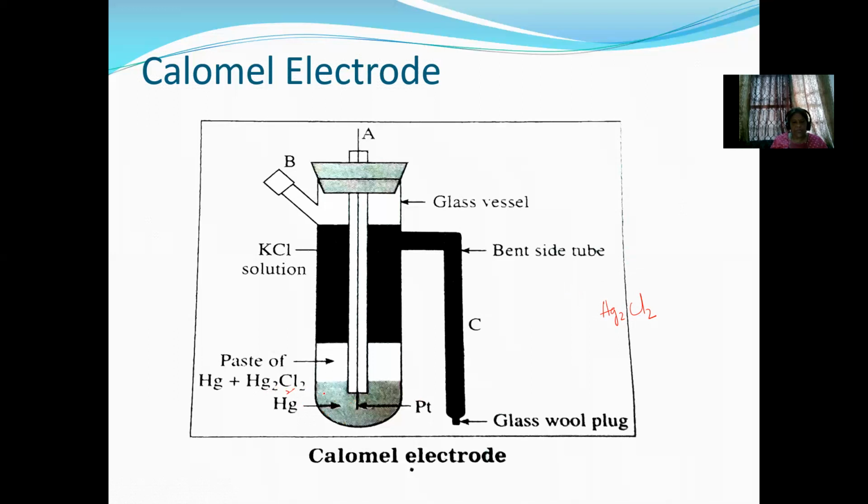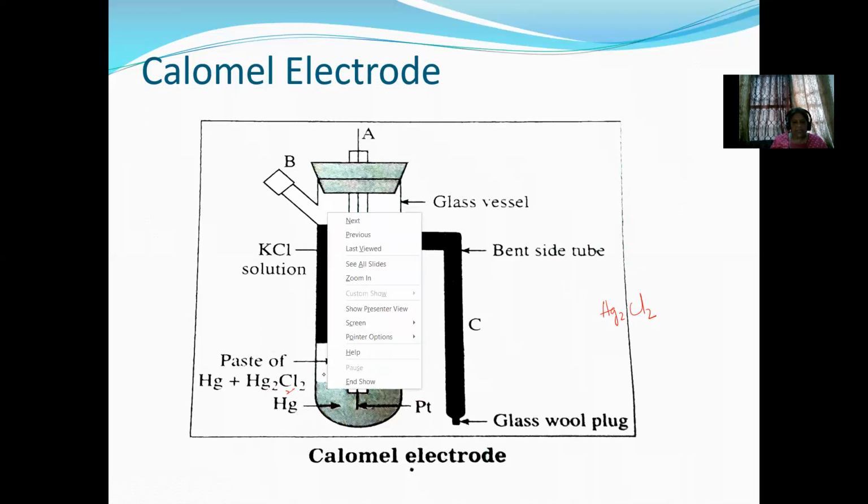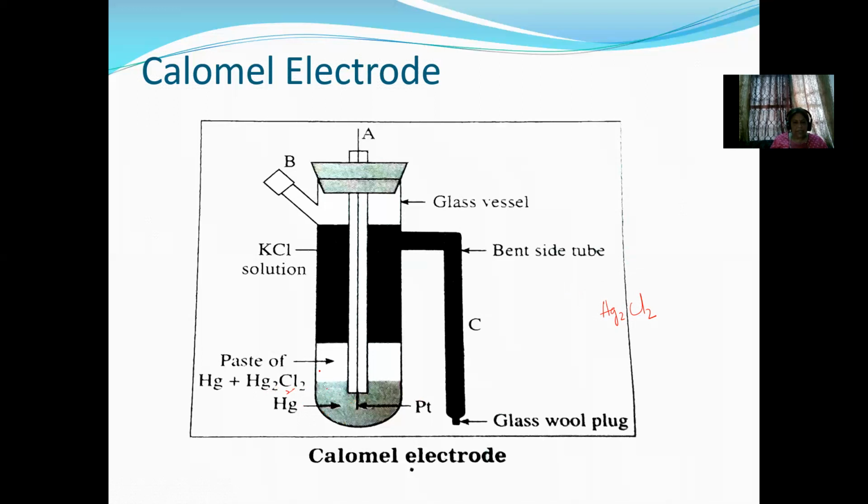Now you see here, this mercury is in contact with mercurous chloride, and the entire tube is filled with potassium chloride solution. So it is a metal, metal salt and ion electrode. This can also be classified in this manner: metal, metal salt and ion electrode, right?